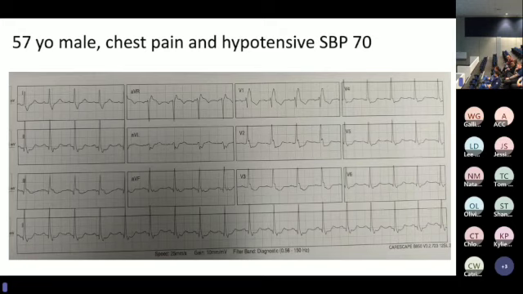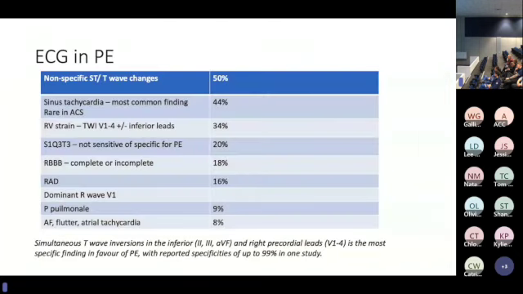Any questions about that? Does anyone want me to explain it further? And then this is just a reminder that the S1Q3T3 is not sensitive or specific for PE, so it's something interesting to look for.